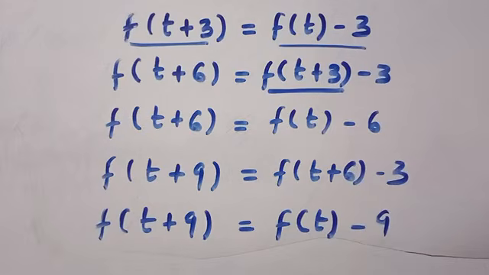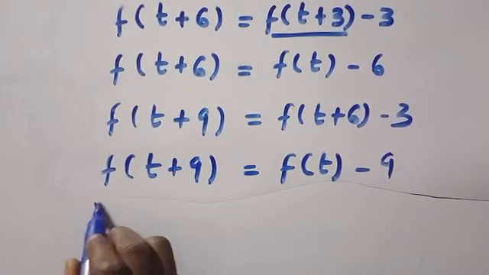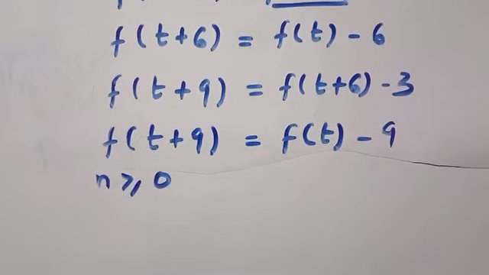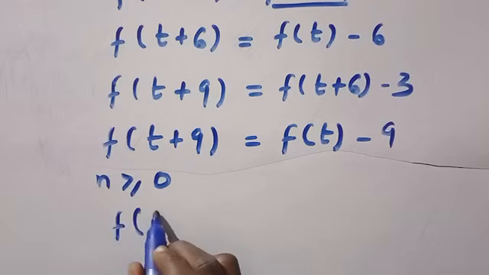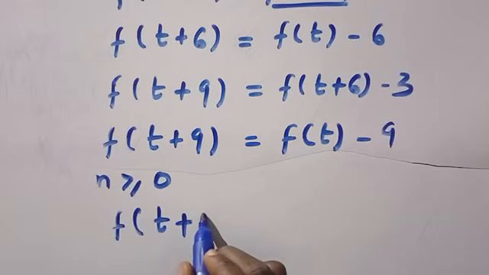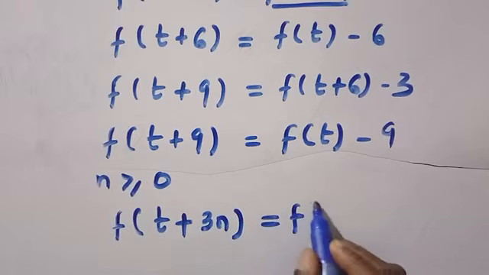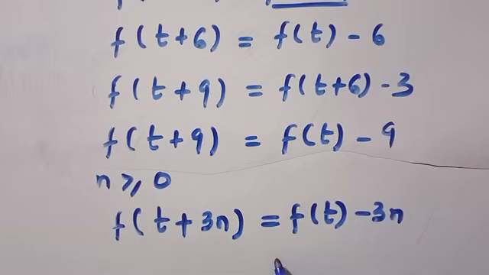Then in a general form, we are going to look for n. For n greater than or equal to 0, the general form of this recursive is given as f of t plus 3n equals f of t minus 3n.